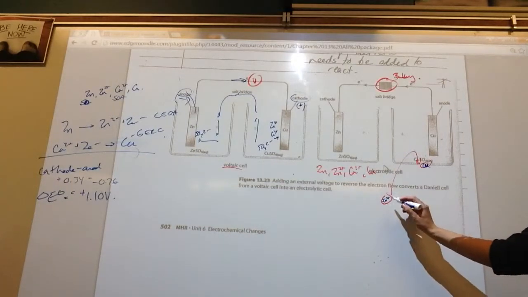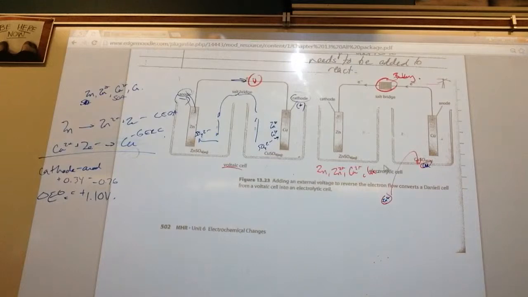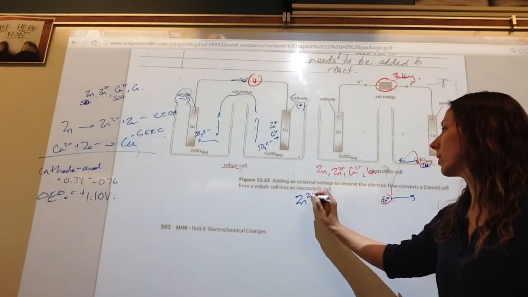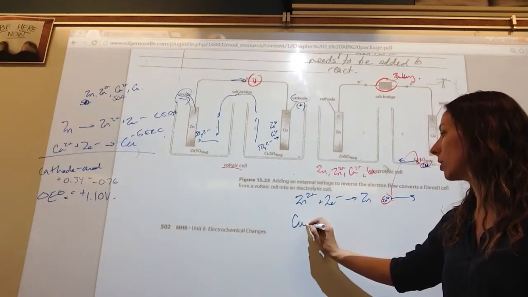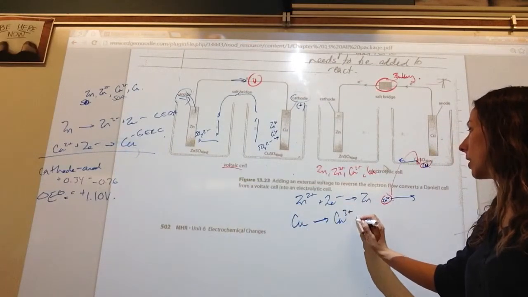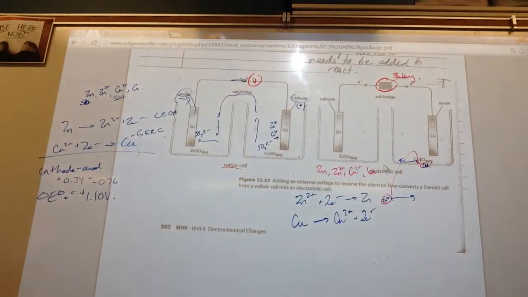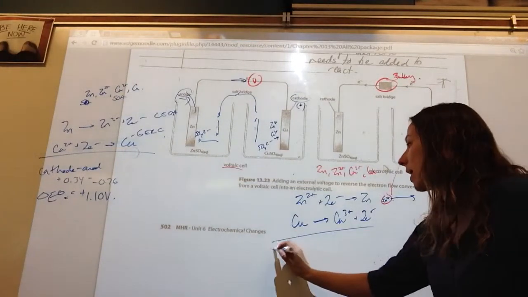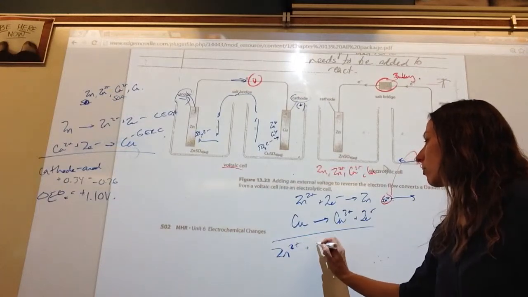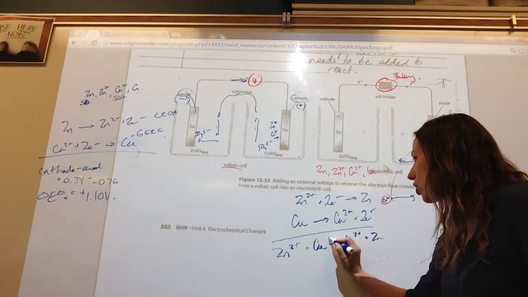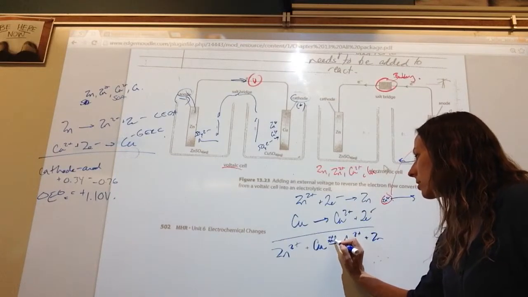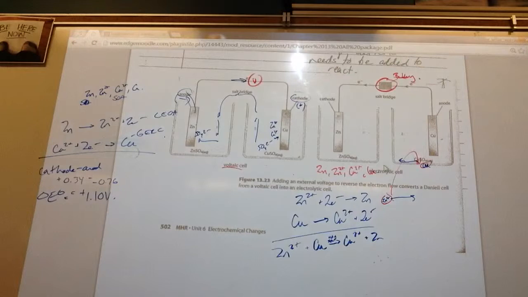And so therefore, I know I'm going to start with zinc ion, and I know I'm going to start with copper. I'm going to go this way, and I'm going to go that way, reading the data booklet. So the zinc ion is going to be gaining 2 electrons and becoming zinc. And the copper is going to be becoming Cu2+ and losing its 2 electrons. And therefore, I have Zn2+ plus Cu goes to Cu2+ plus Zn, and that's non-spontaneous. That's what I was after. That's the whole reason I did those two and not the other two.